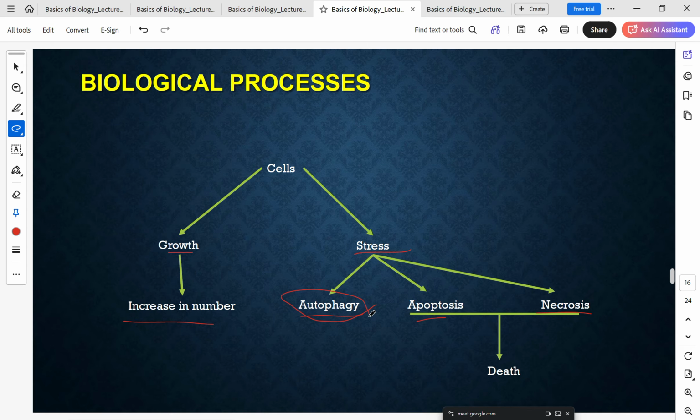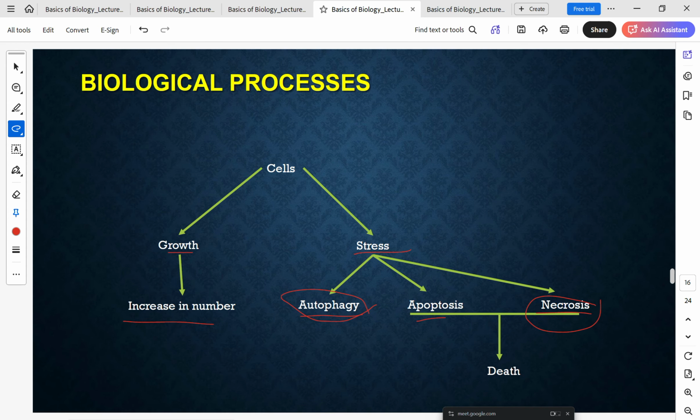Apoptosis is also known as programmed cell death, wherein the cells have machinery in place in case the cell needs to stop itself, then it enters the programmed cell death pathway. If there is stress because of injury, the cells usually undergo necrosis and not apoptosis. There are differences between both.